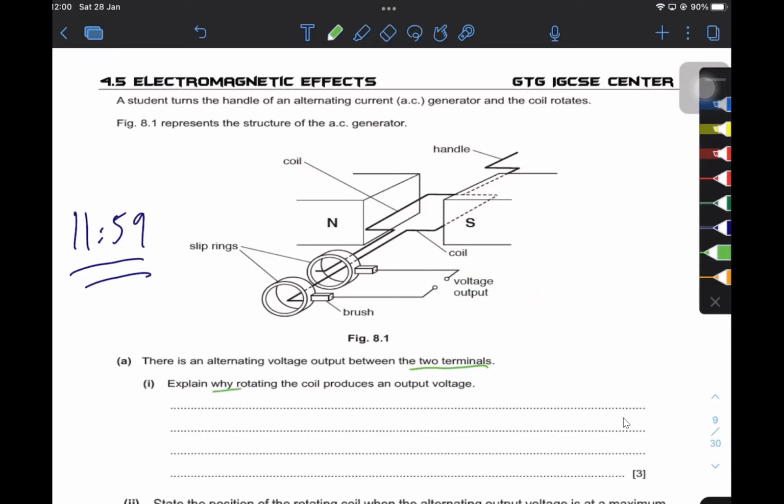Explain why rotating the coil produces an output voltage. This is essentially electromagnetic induction once again, which is 3 marks. So you say as you spin the handle, the coil will cut through the magnetic field, and when the magnetic field is cut, it will generate an EMF, which will ultimately induce a current.